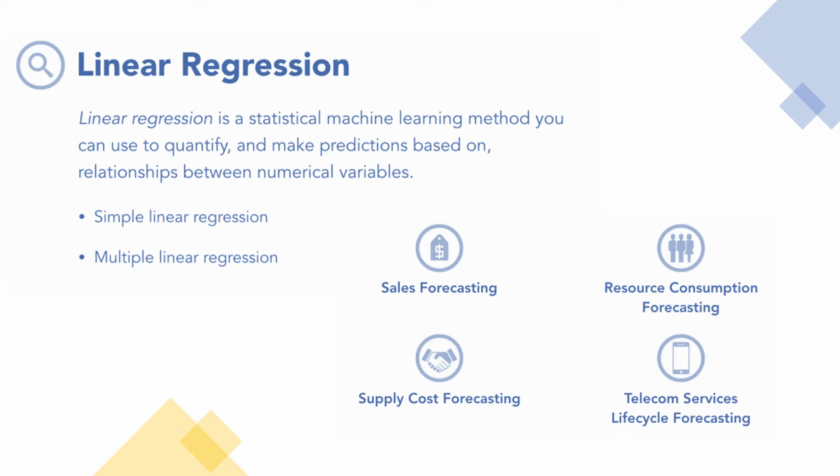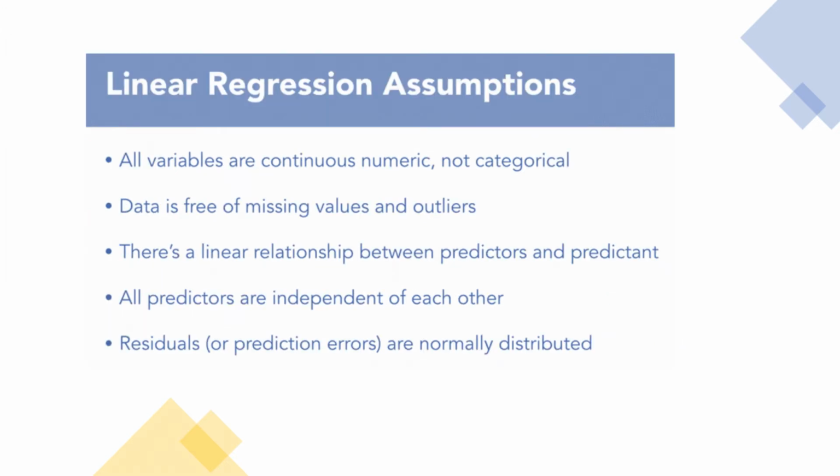In terms of assumptions that linear regression makes on your data, linear regression assumes that all variables are continuous numerical, not categorical variables. It assumes that the data is free from missing values and outliers. It assumes that a linear relationship between predictors and predictant occurs, and that all predictors are independent of each other.